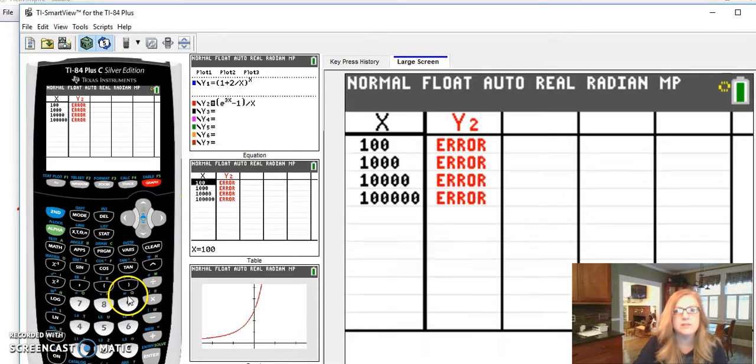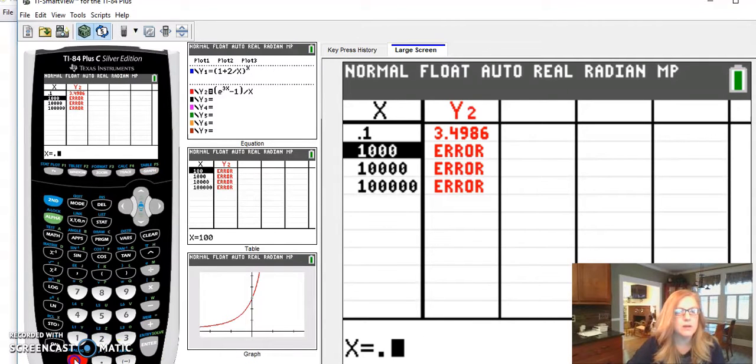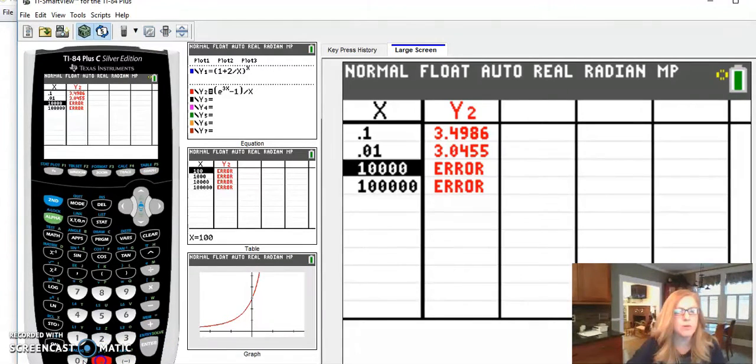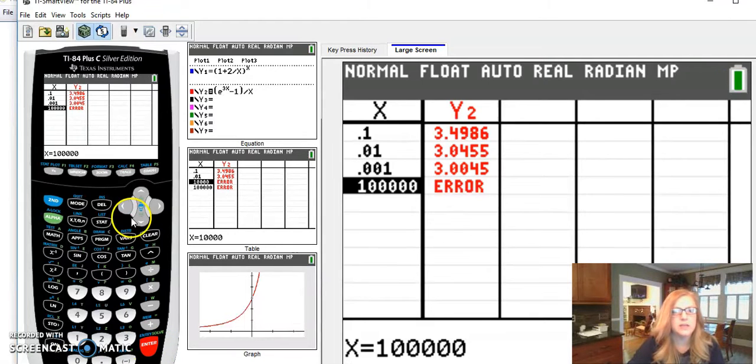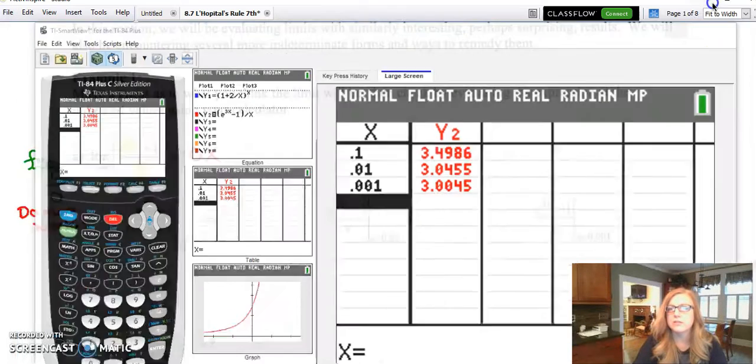Now I have it in ask mode, and we're approaching 0, so we want to try, I think it was 0.1, 0.01, and 0.001. So we can enter those in, and let me delete that one out. And you can see clearly that it appears to be approaching 3. So if I had to guess, just from the technology that we're doing, I would guess that it's 3.